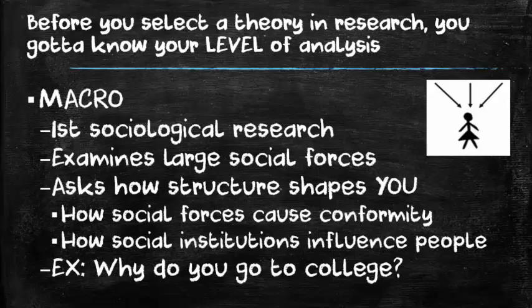Most of us internalize these macro level forces, these messages that we get about what's right or what's wrong, what's normal and what's not normal. And when we internalize them, we think of them in terms of our own ideas. And so we go to college in our society because it's expected of us. Yes, we might enjoy the process. But frankly, folks, if people said to you a high school degree was enough, you don't need to go to college, you probably wouldn't be in college.